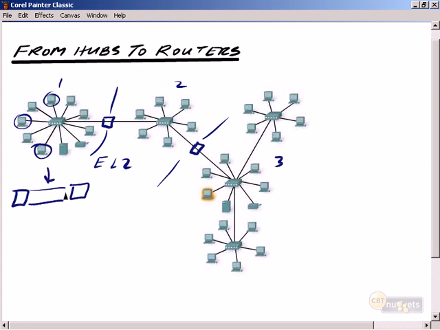It framed it, and in that framing it used the media access control address. So it would learn these MAC addresses from the devices sending frames through here, and find out which devices were on which collision domain. So you broke up your collision domain into 2 domains or 3 domains.